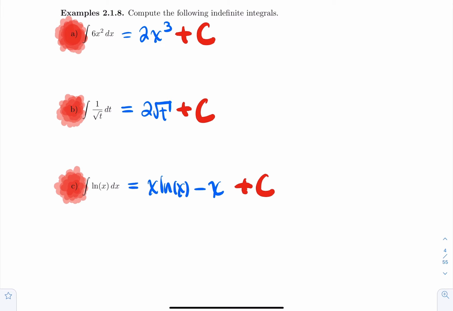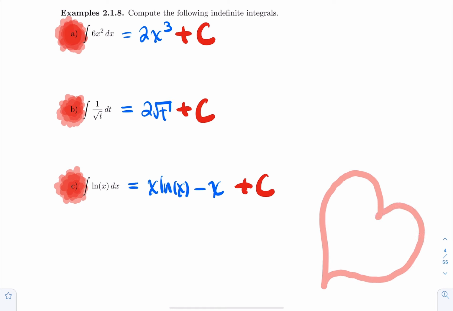But the next sections will be about finding these primitives using formulas or techniques of integration. But anyways, for that section on what an indefinite integral is: it is a family of primitives for a function that is obtained simply by having one of them and then just adding a constant to get the full family.